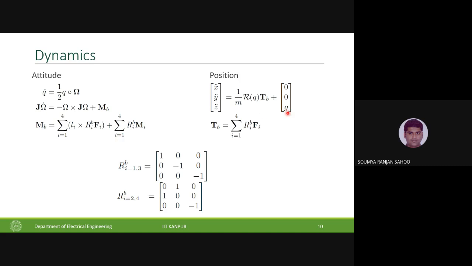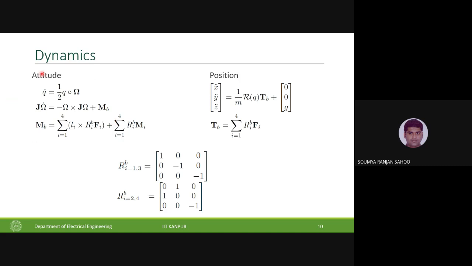Similarly, the position control has nothing different about it. This is essentially the translational position dynamics that you have for any rigid body or point mass, and g is the acceleration due to gravity. This entire thing is written in the inertial frame or the world fixed frame, whereas the attitude dynamics is written in the body frame.